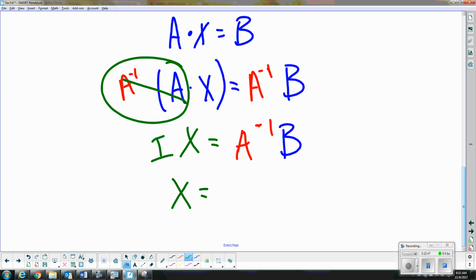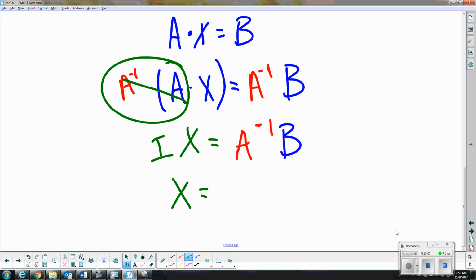So now we actually need to do the math. And you can use your calculator too for this if you want, but the inverse of A times B is going to be our X. That's what we're going to get for our X matrix.